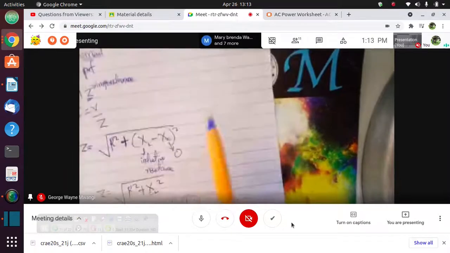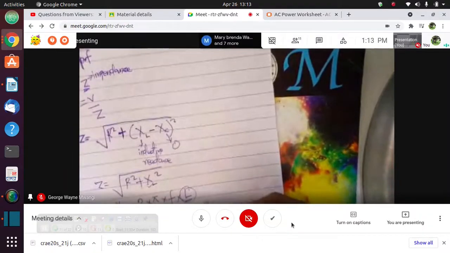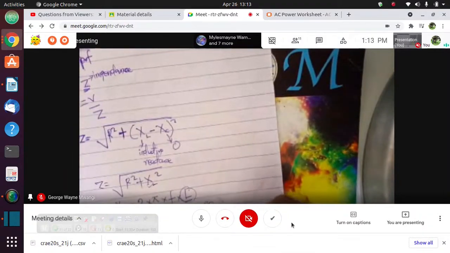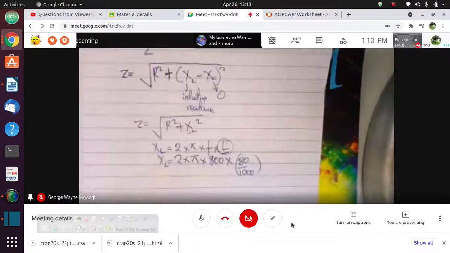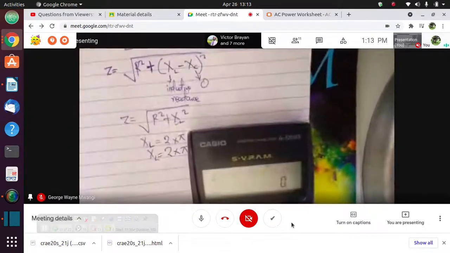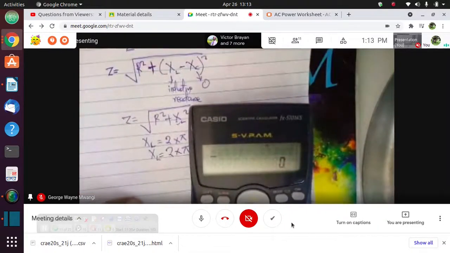So when you convert it to Henry, it will be 80 divided by 1000, or 80 times 10 raised to the power negative 3. Now the value of our inductive reactance will therefore be 2 times pi times 800 times 80 divided by 1000.